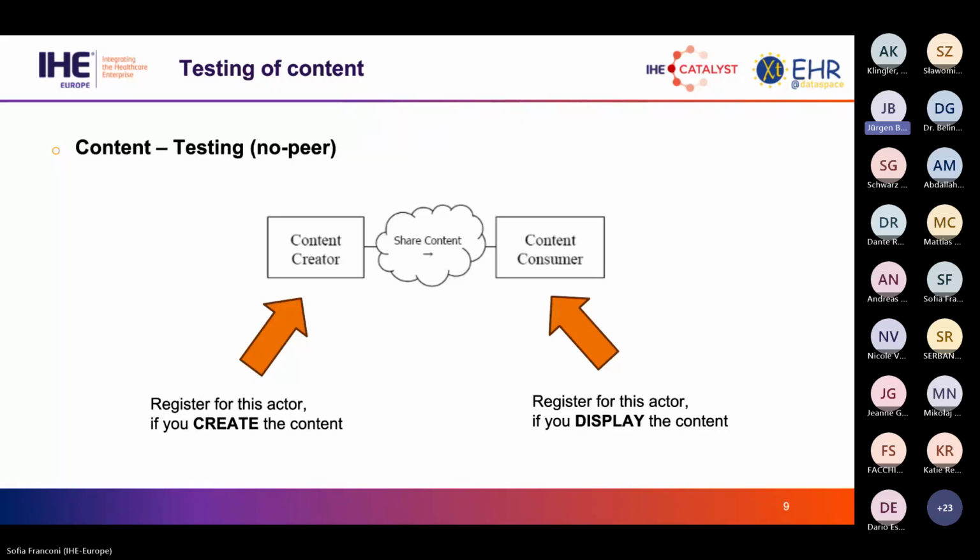But also if you are just able to consume that content, because that's the other part of the story, you might as well come and participate in this Projectathon. As a content consumer, as this actor is called, you just need to demonstrate that you are able to display the content of that kind, for example, a lab report. Next slide, please.